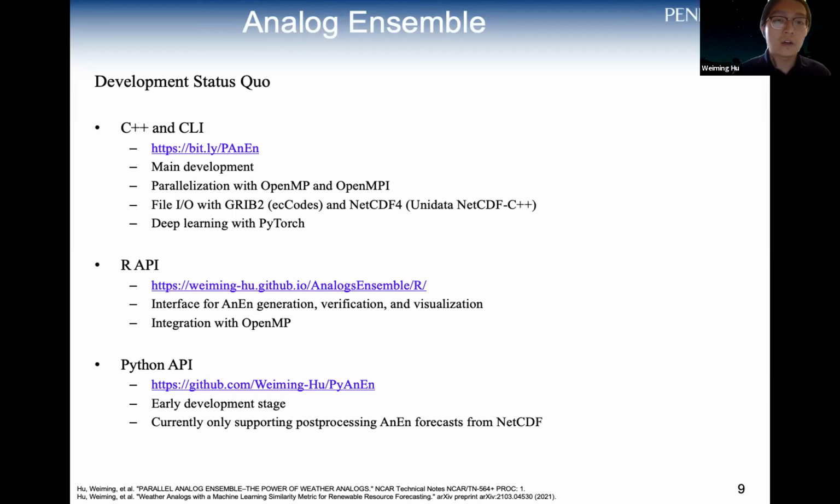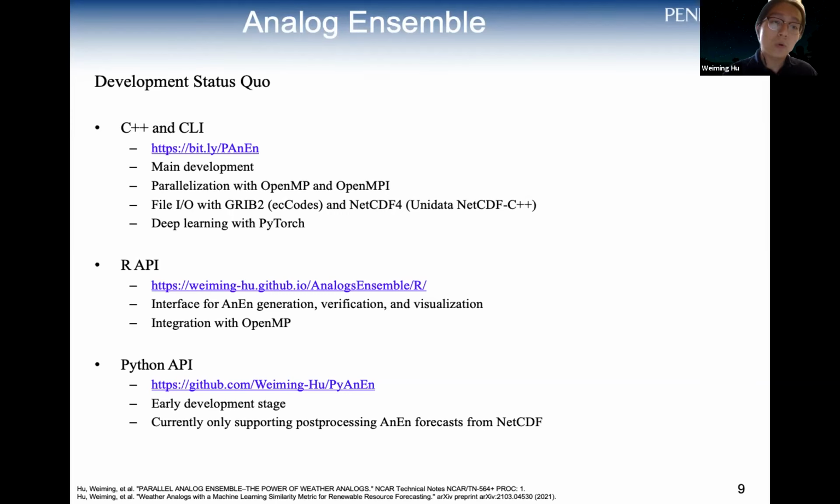Also with file I/O, it works with GRIB2 via the support of ecCodes from ECMWF. And of course, it works with NetCDF4. And finally, I have been working on integrating Analog Ensemble with PyTorch to build a machine learning-based analog search algorithm. If you're interested, I would be happy to talk more about that.